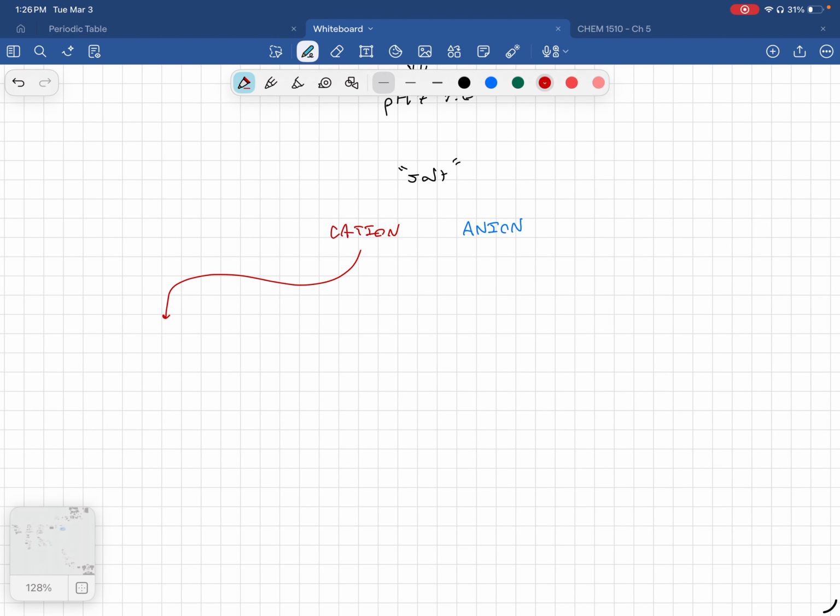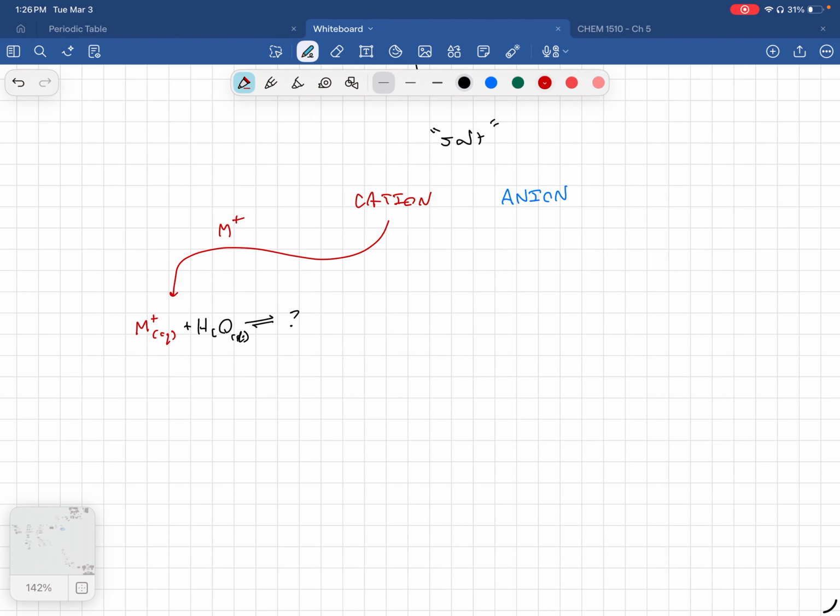Will our cation, okay, so we'll call our cation M plus, will it react and protonate water to form H3O plus?